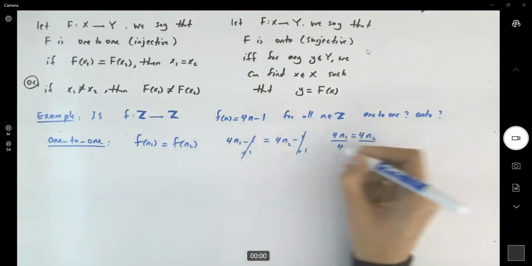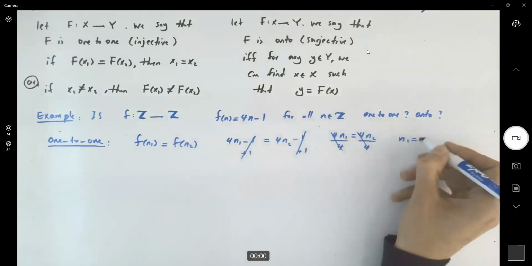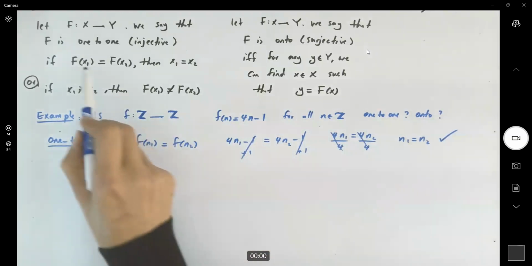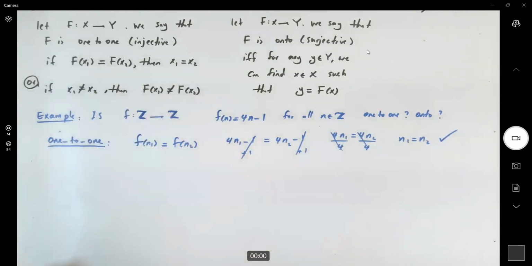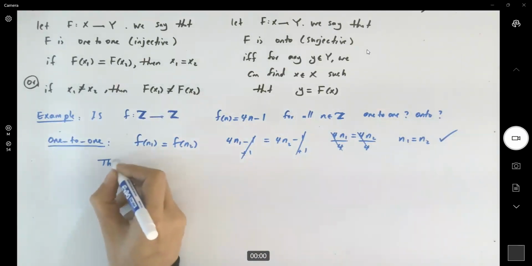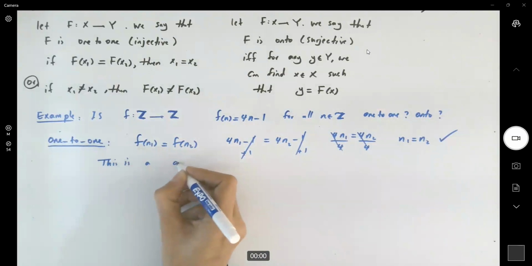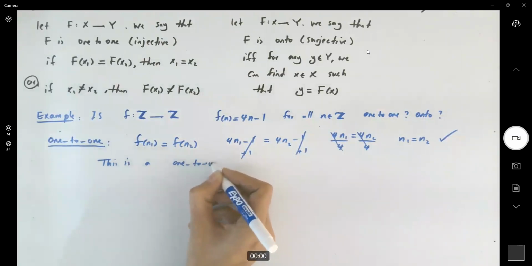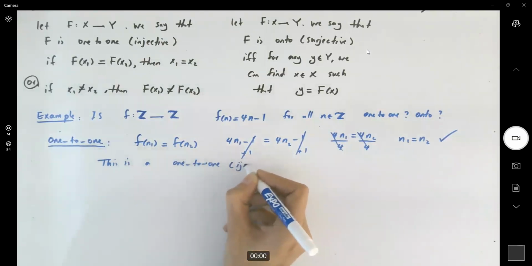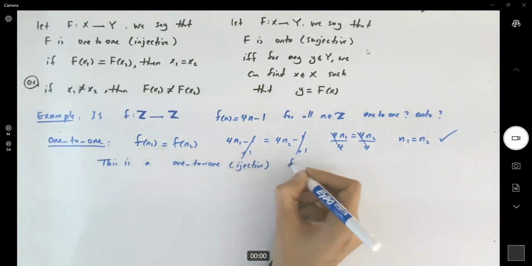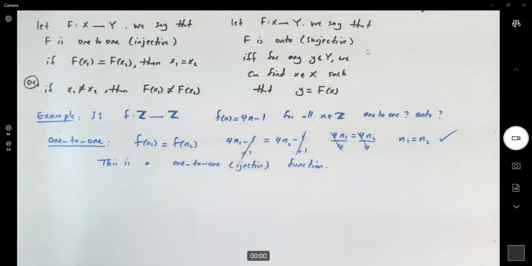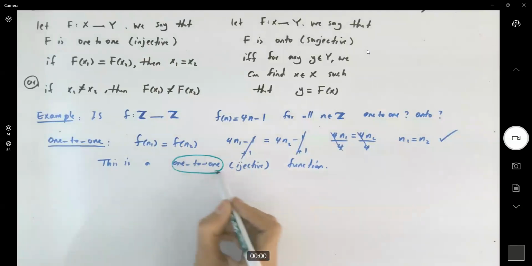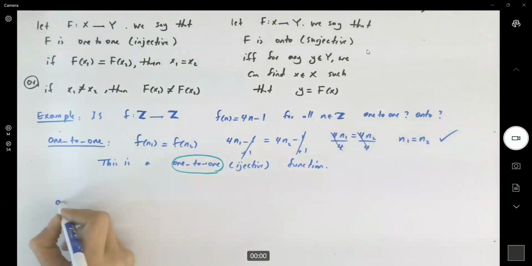Divide by 4, and n1 is equal to n2. So it passes the definition of a one-to-one function. This is a one-to-one, or injective, function. So far, so good. Now let us check to see if it's onto, surjective, or not.